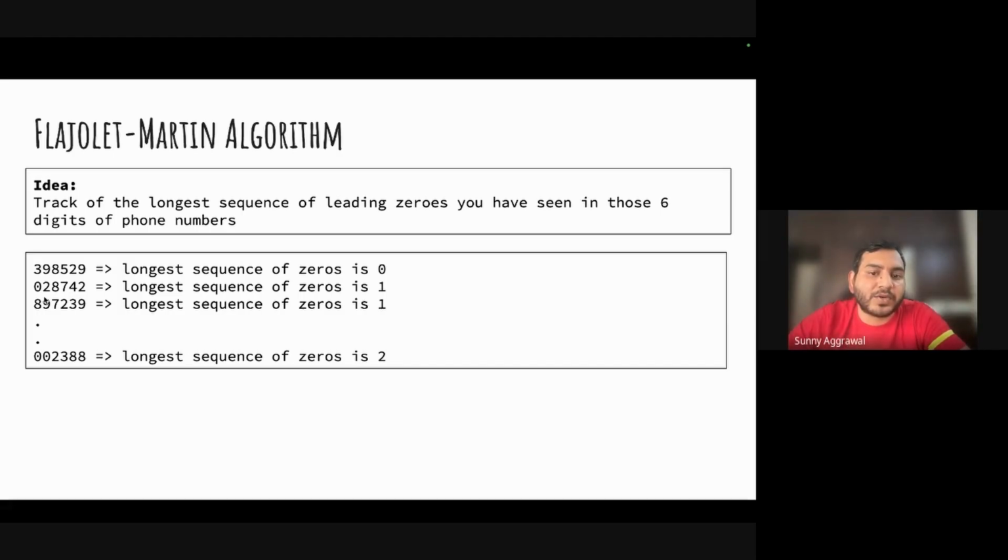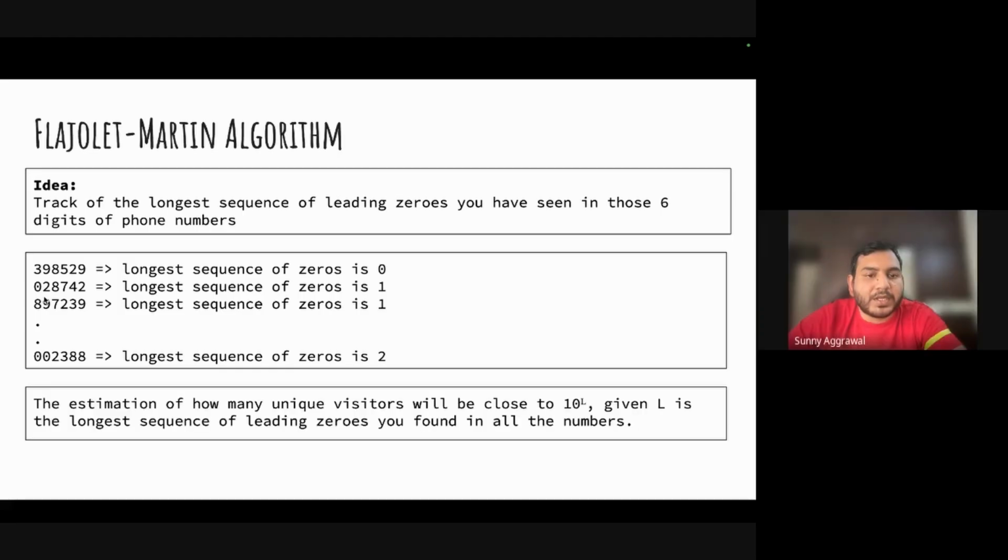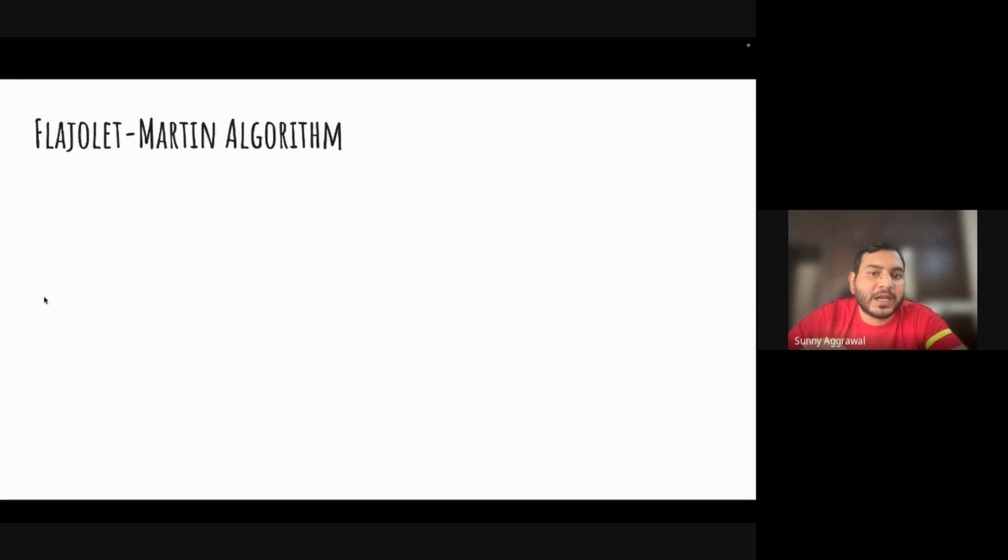Counting zeros, you can also say counting ones. It will work equivalently. So effectively, it says that if I've seen L zeros, 10 to the power L is my approximate number. This is the idea based on probability, but let's see how the actual approximate number is counted.